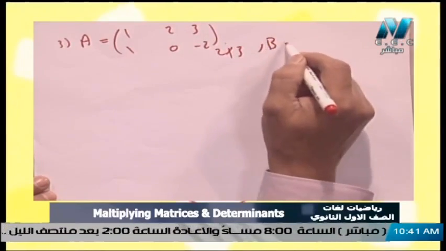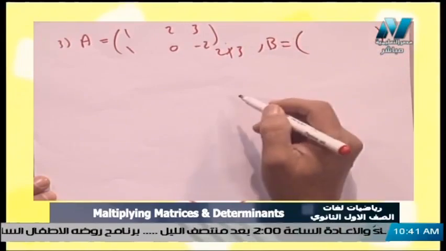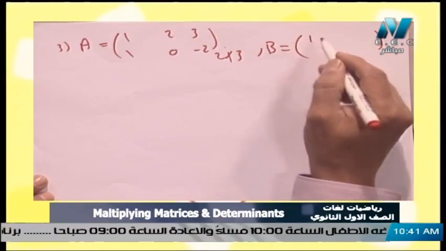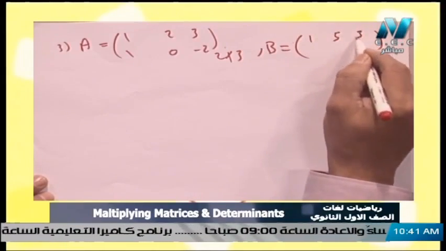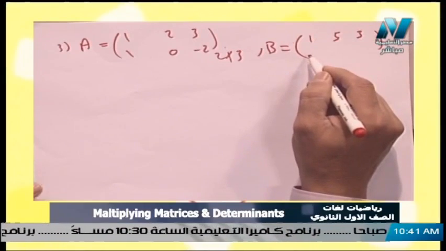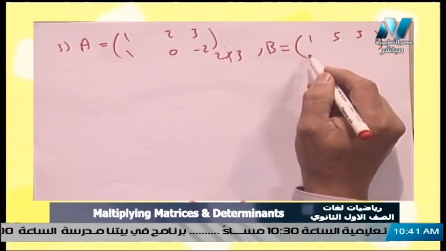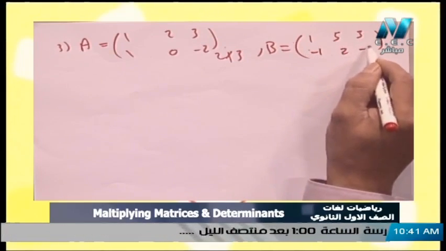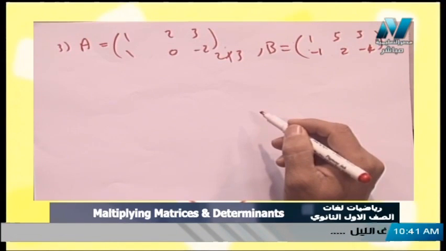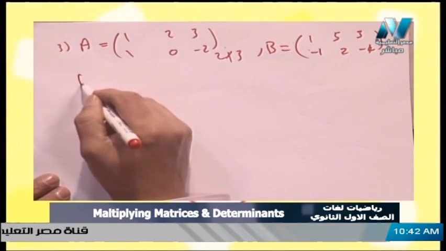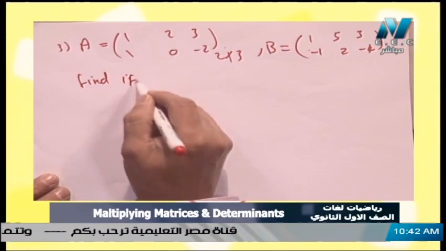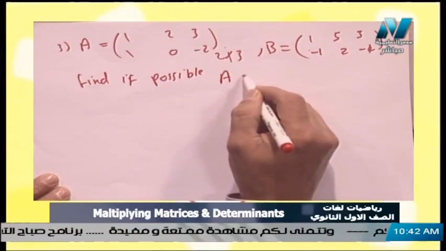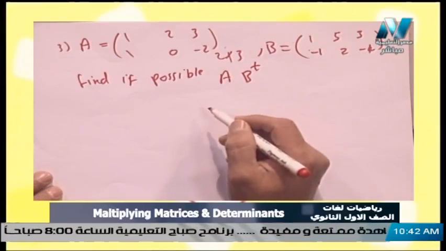And we have the other matrix B, which is 1, 5, 3, and negative 1, 2, negative 4. Find, if possible, A multiplied by B transpose.